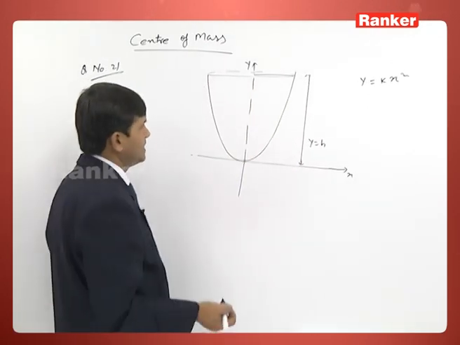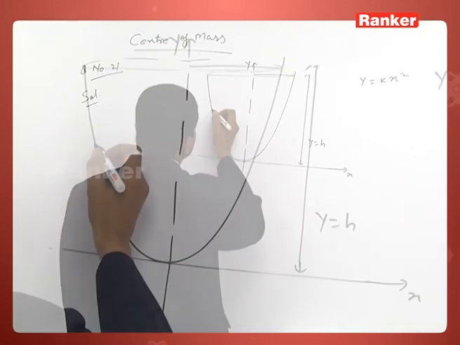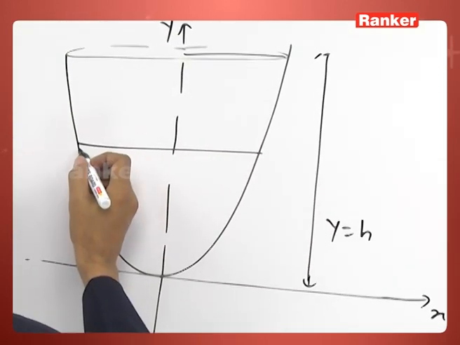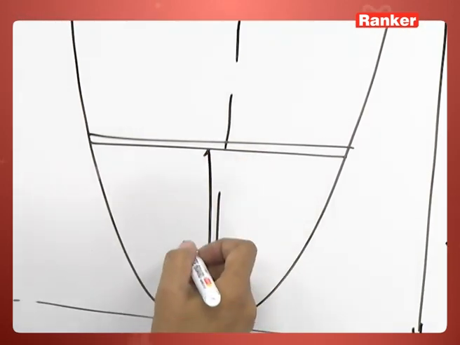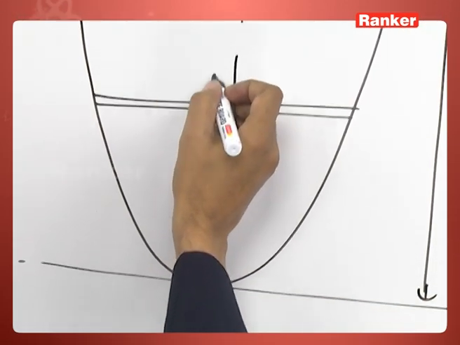Then how to calculate? See, I am considering a disk here at y distance and thickness dy.